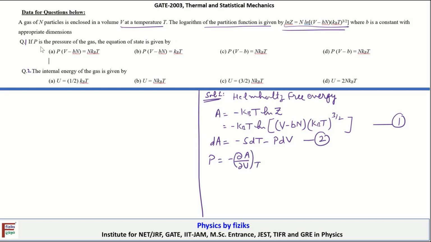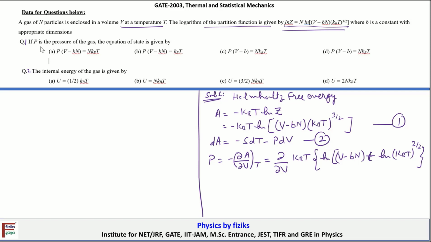By making use of equation 1 and evaluating the differential of A with respect to V, we obtain a constant times kB T outside, and inside we have ln (V minus Bn) plus ln (kB T) to the power 3/2.